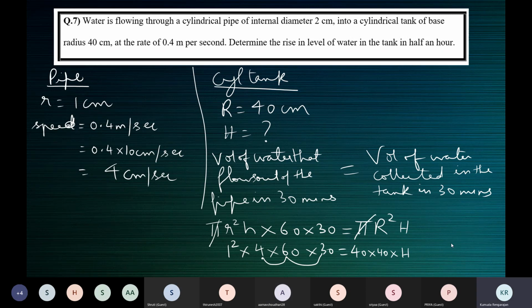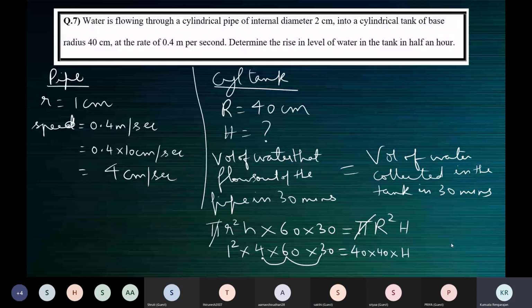Ma'am, I have a doubt in the speed for the pipe. 0.4 meter to centimeter, it will be 40, no? Oh, I'm sorry, into 100. Meter to centimeter is into 100, right?